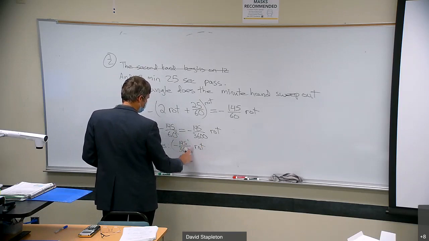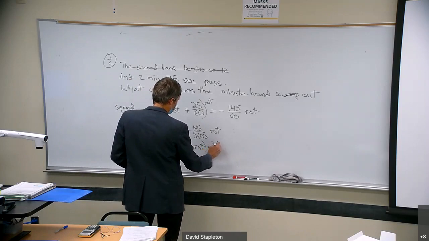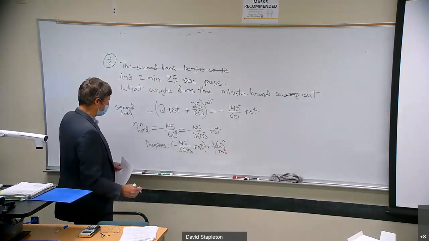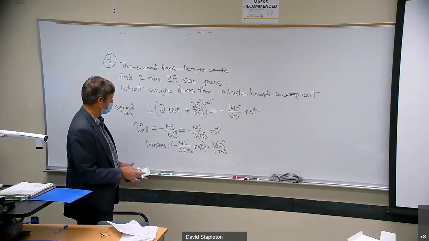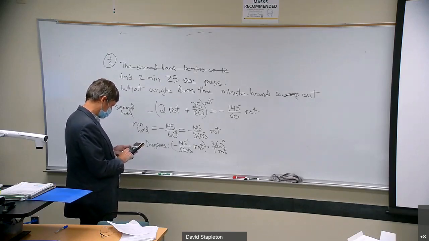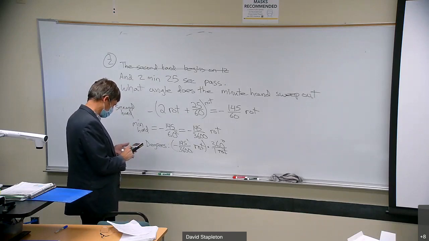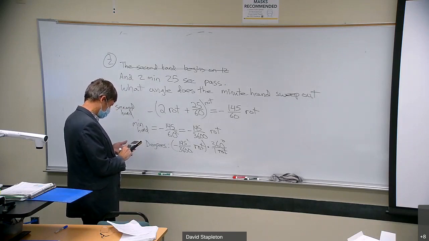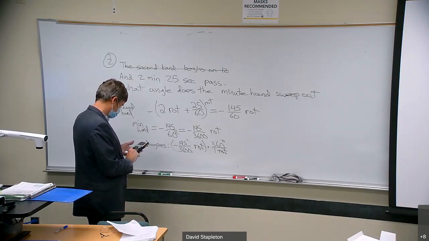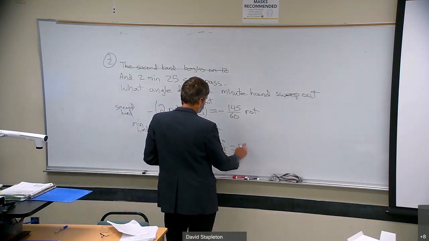That's what we got here, times 360 degrees for every one rotation. Rotations cancel. You get the number of degrees. Let's see what that comes out to. 145 times 360, well, divided by 3,600 is pretty easy. It gives us 14.5. Apparently it goes through 14.5 degrees.